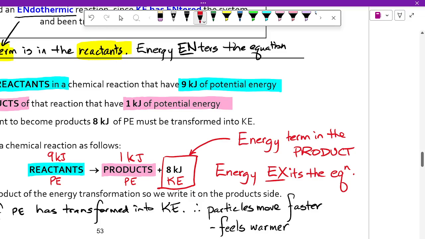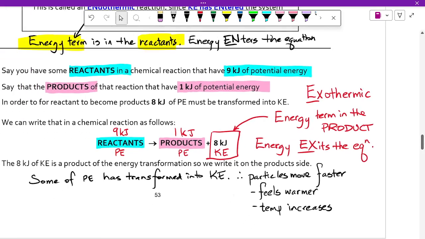And if energy exits the equation, it's not endothermic, it is exothermic. The term therm has to do with heat. So exothermic, exit heat. The term endothermic, enter heat. Okay?